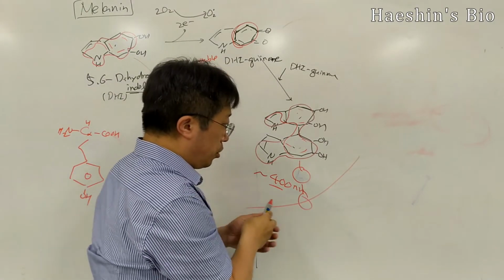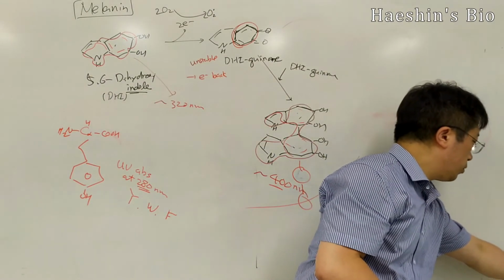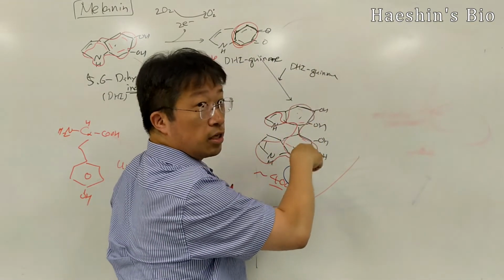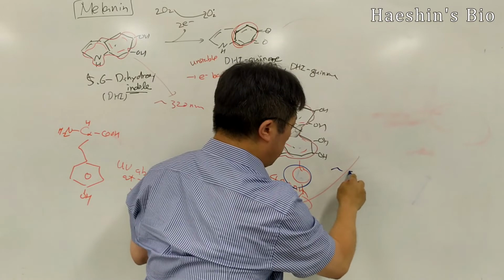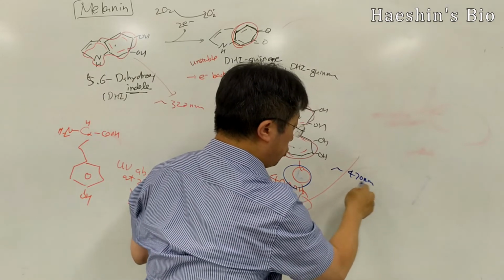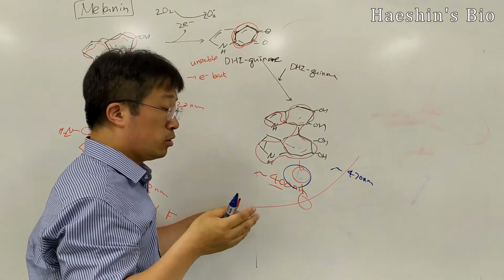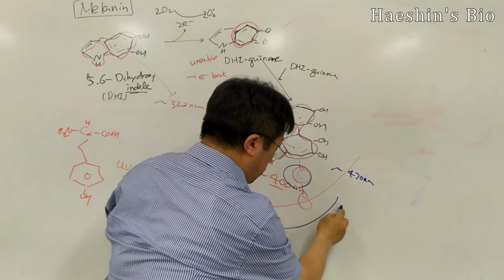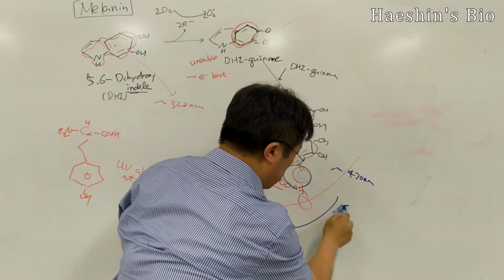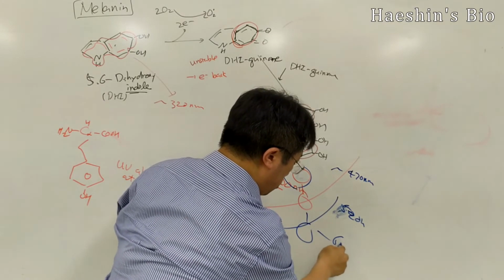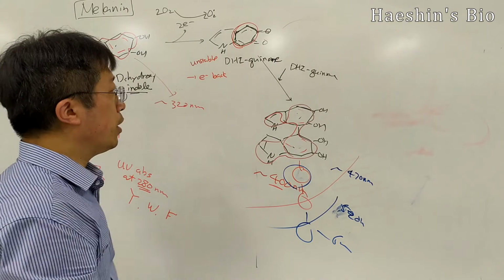What if you can imagine here, if this guy, say the trimer, maybe 470 nanometers. I'm not sure of the exact values of the light absorption, the wavelengths. This one maybe 520 nanometers, 600 nanometers, something like this, right?